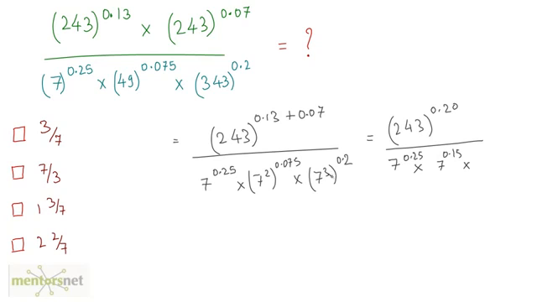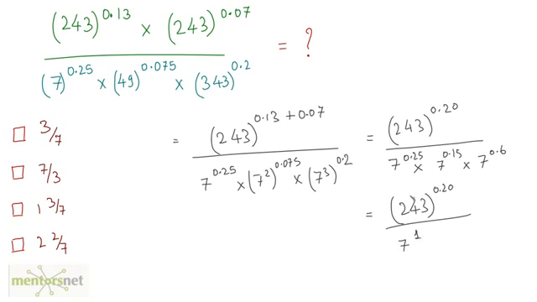So 7 raised to 0.6, and this is equal to 243 raised to 0.20 upon 7 raised to 0.25 plus 0.15 plus 0.6, and 0.25 plus 0.15 plus 0.6 is equivalent to 1. So we have 7 raised to 1 in the denominator.